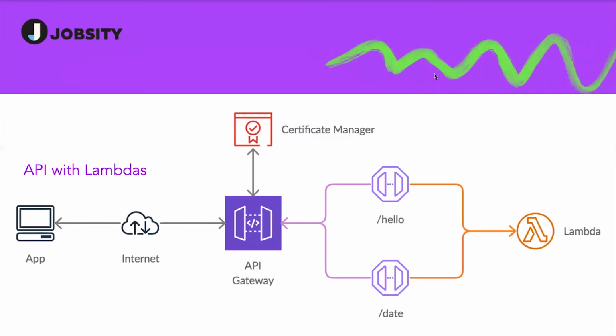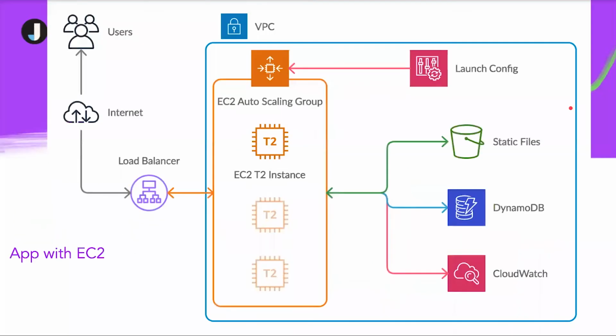And for a more complex example, I'll just show you an app with EC2, maybe a little more complicated than this, maybe a real world example. You have your load balancer.